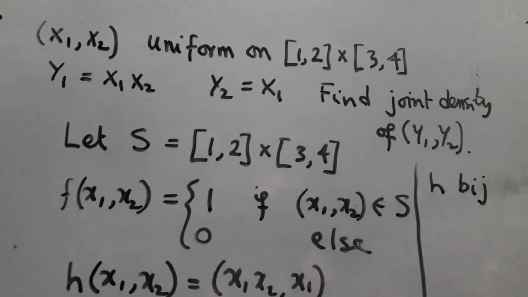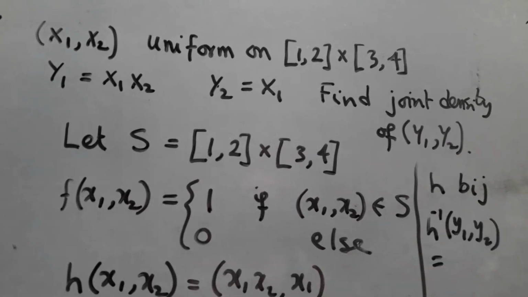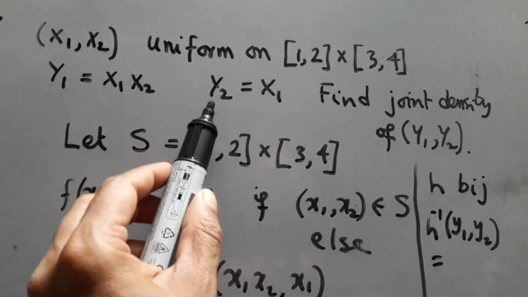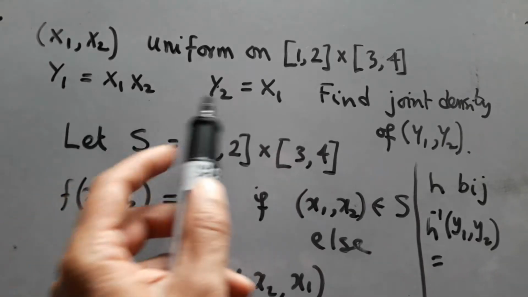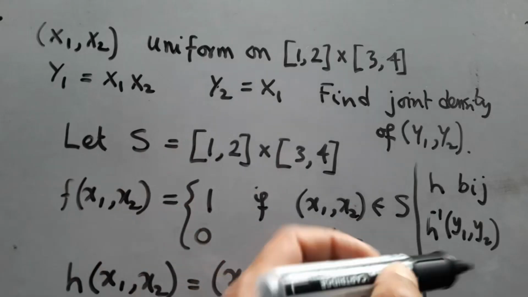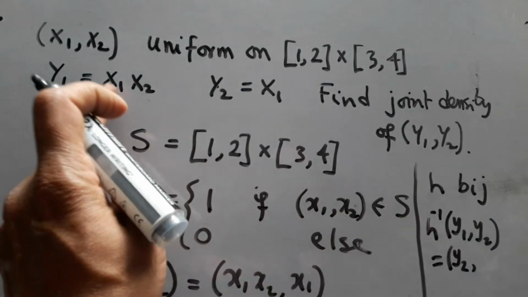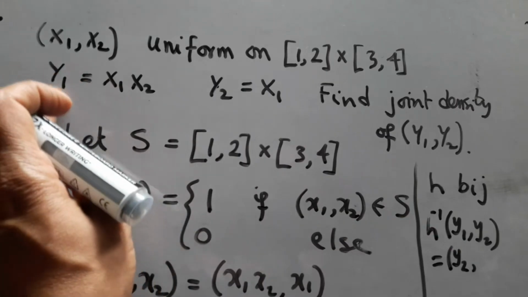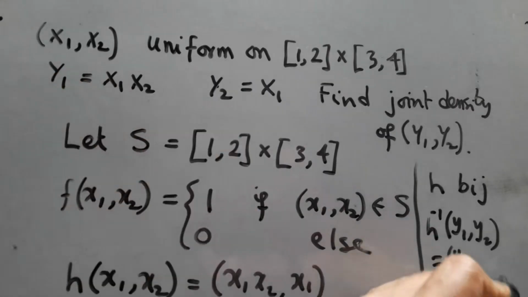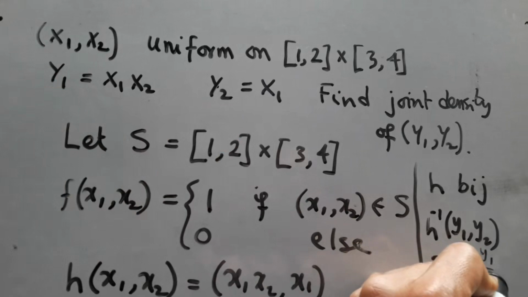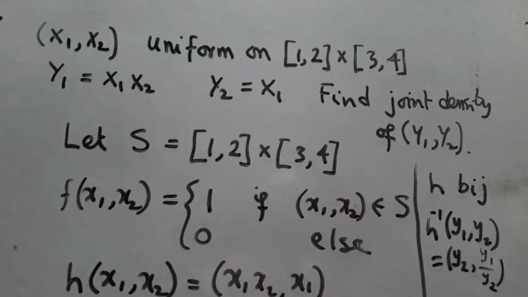Now we can find H inverse because I know it's a bijection. So if someone gives me y1 and y2, how can I recover x1? Well, x1 is the same as y2, so the first component will be y2. And how do I get x2? x2 is obtained by dividing y1 by y2, so it will be y1 by y2. That is the inverse function.